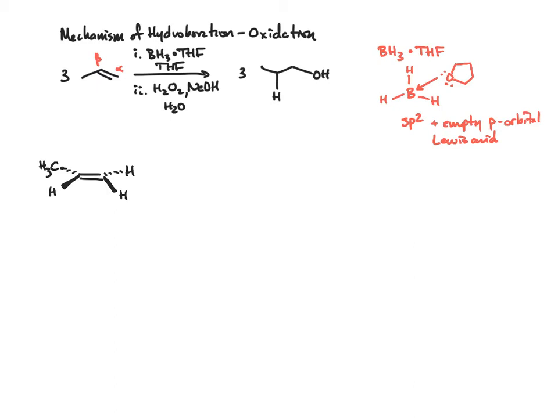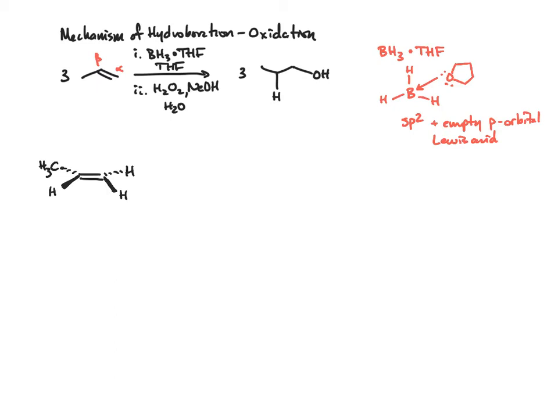So we know that the alkene has a pi cloud, which is supplying 2 electrons to be the nucleophilic component, or the Lewis basic component in this case. The borane can approach from 2 different ways. And so we want to understand each way and how to predict which one is correct.